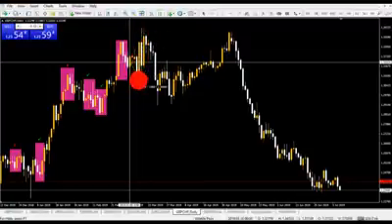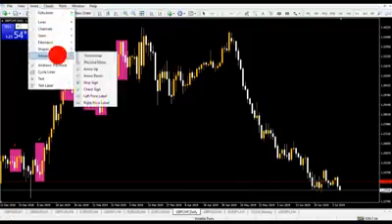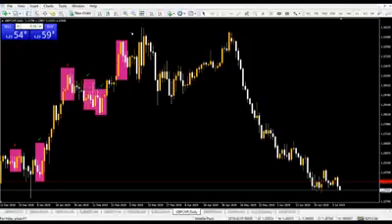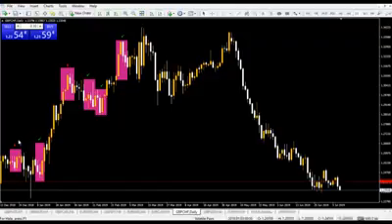Potentially, we're looking at 138 pips there. So again, we have a winning trade. Now we have won 4 out of 6 trades so far.